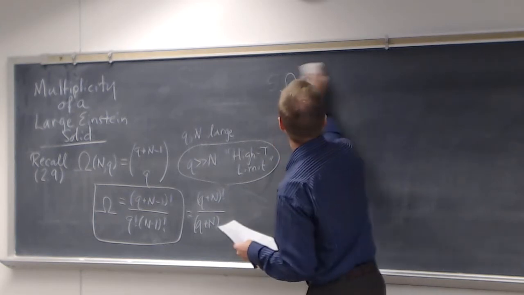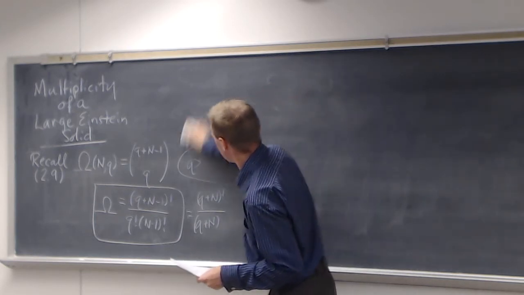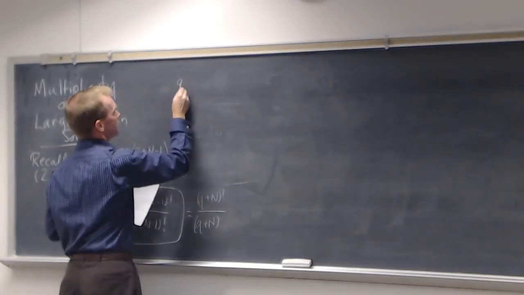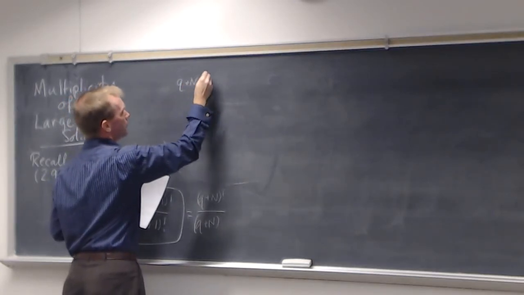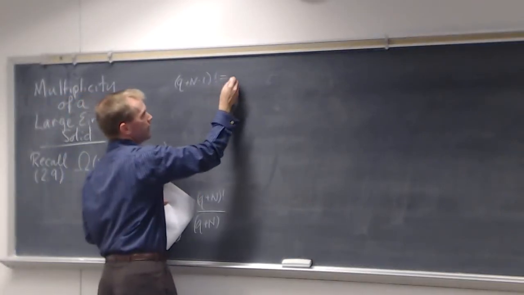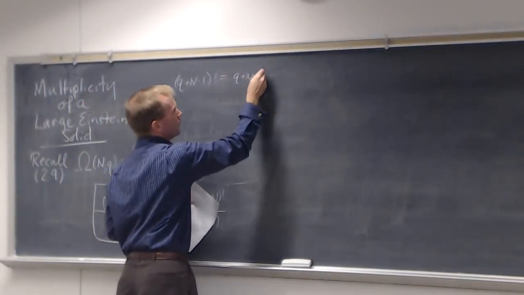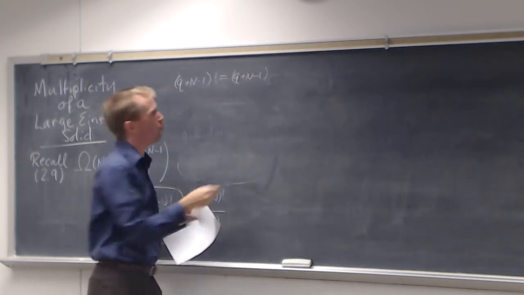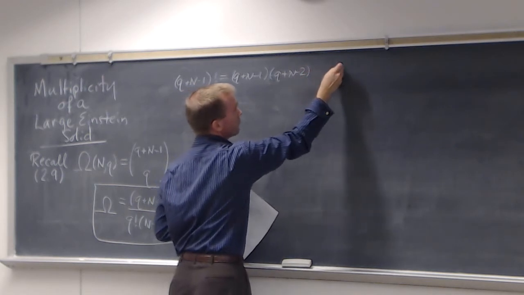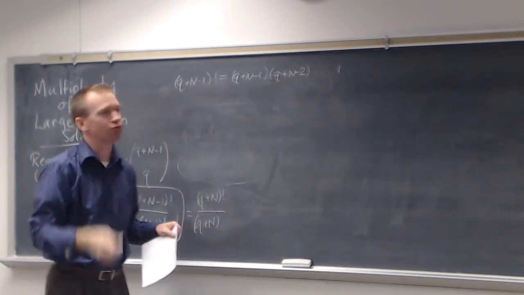If q plus n minus 1 factorial is q plus n minus 1 times q plus n minus 2 times all the way down to 1, just keep subtracting 1.